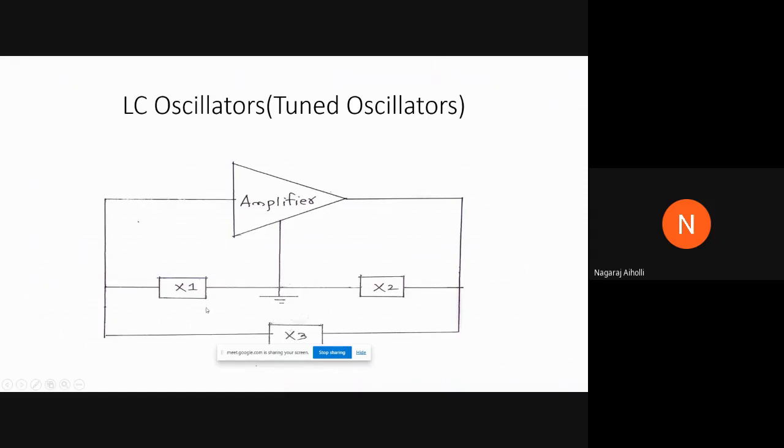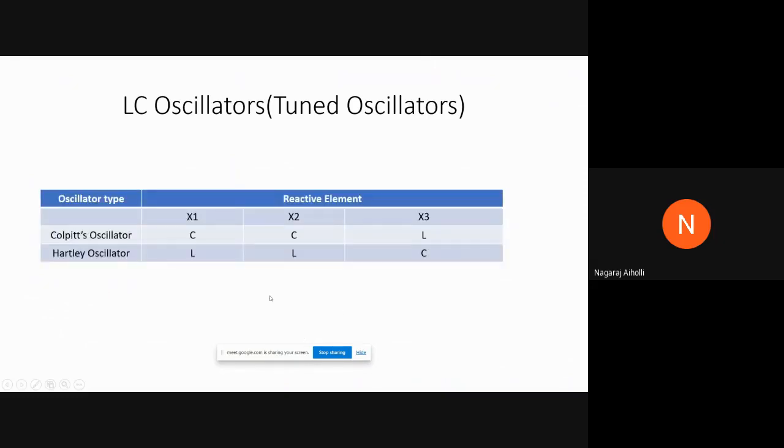If X1, X2 are inductances and X3 is capacitance, then it is called the Hartley oscillator. If X1, X2 are capacitors and X3 is inductance, then it is called the Colpitts oscillator.